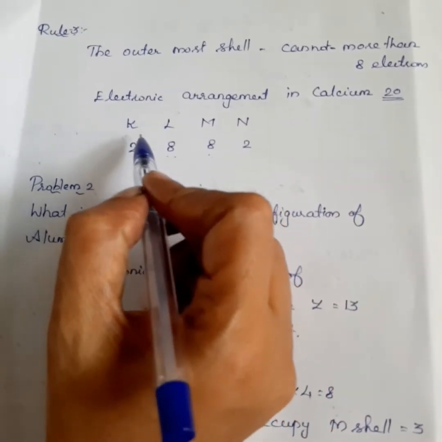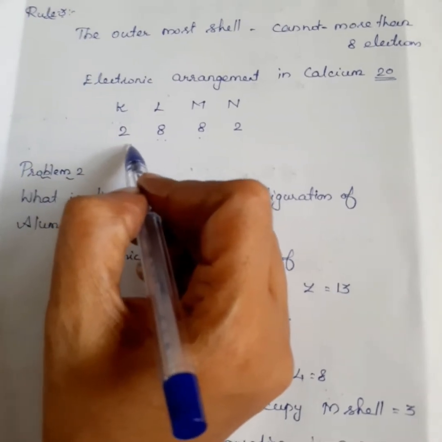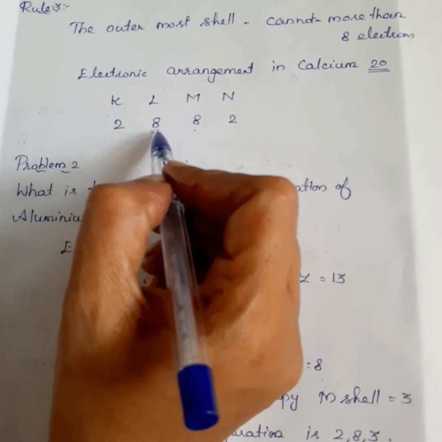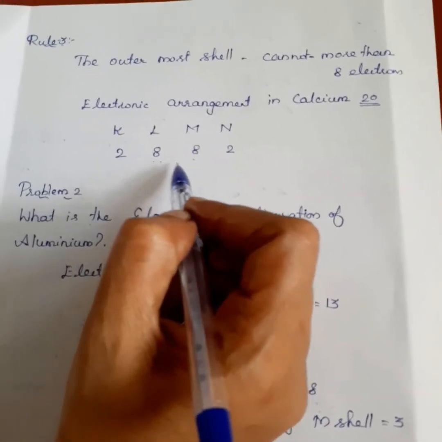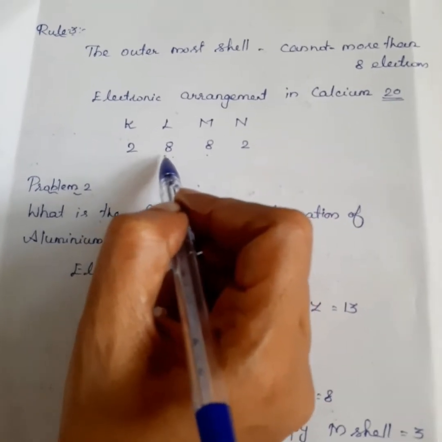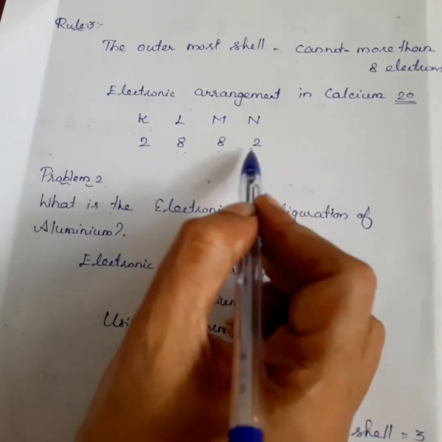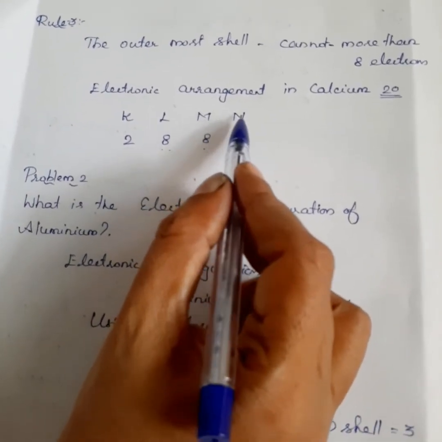Here K shell can take only 2 electrons. The second shell, L shell, can take 8 electrons. Next, the third shell can take 8 electrons. So 8 plus 8 is 16, 16 plus 2 is 18. Remaining 2 electrons are accommodated in N shell.